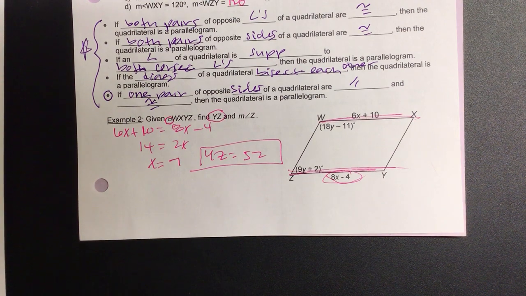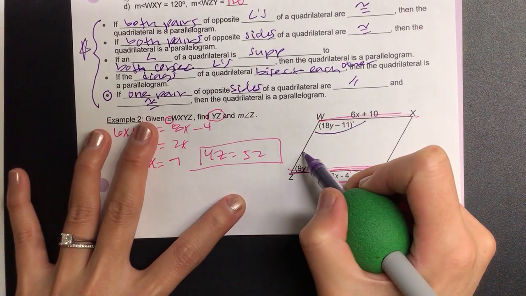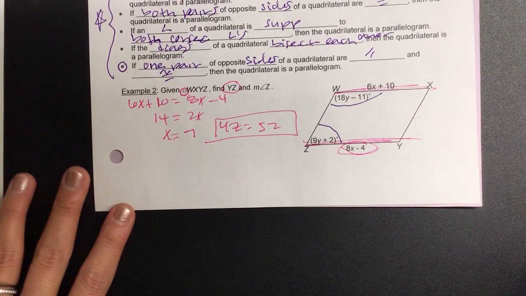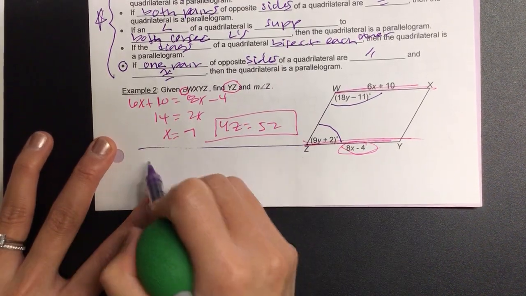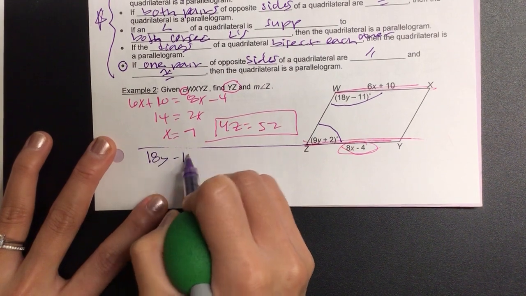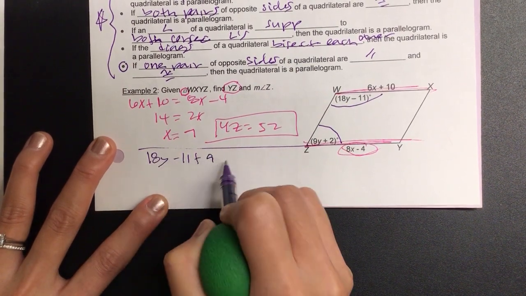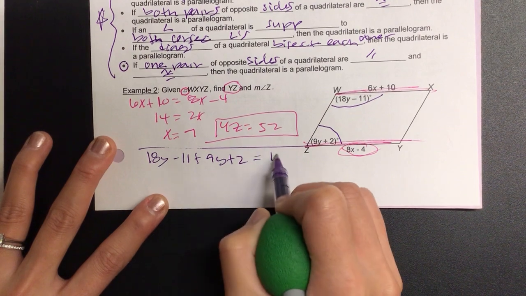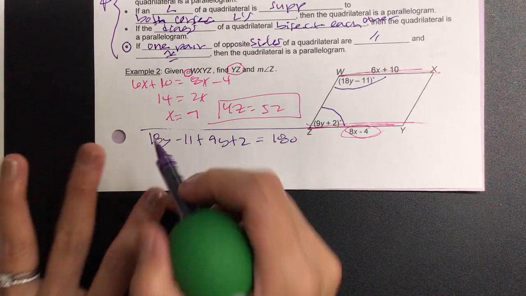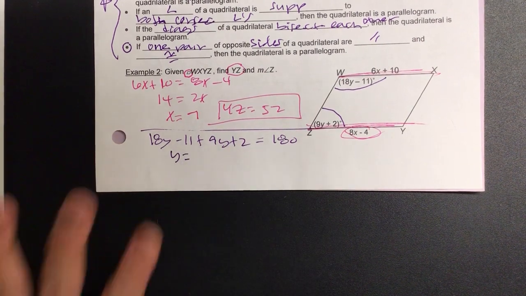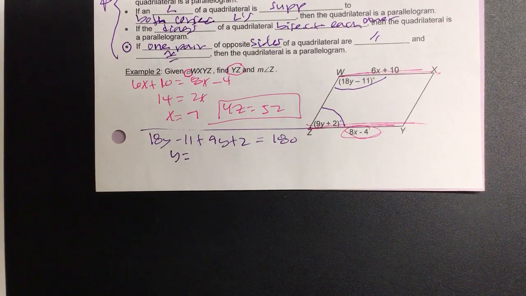Now we have to find angle Z. These two angles are not equivalent, but they are what to each other? Supplementary. So we have 18y minus 11 plus 9y plus 2 is equal to 180. Okay, let's solve for y. It's got to be a clean number on this one as well.